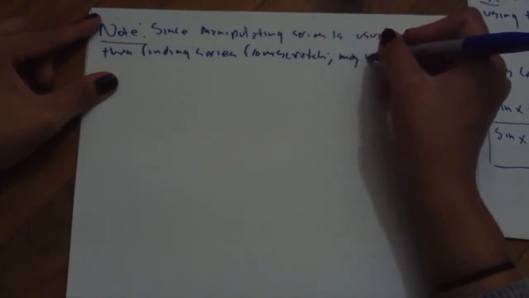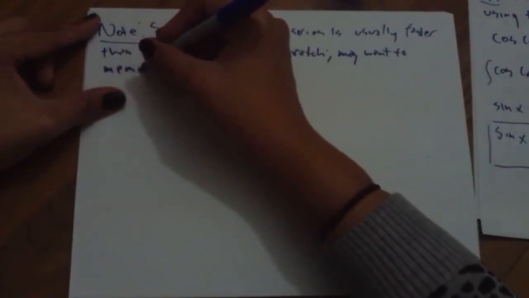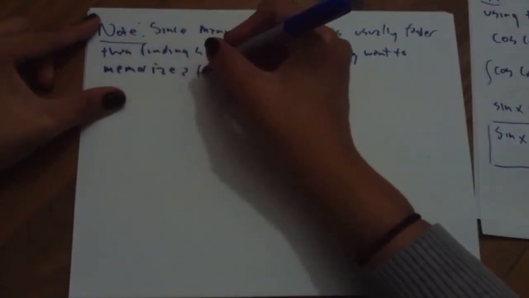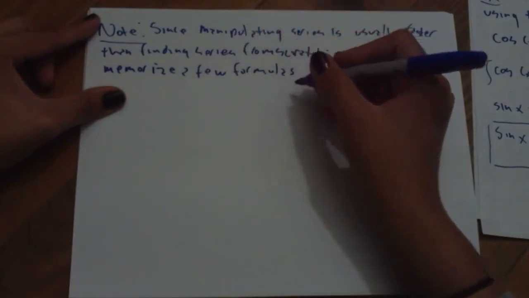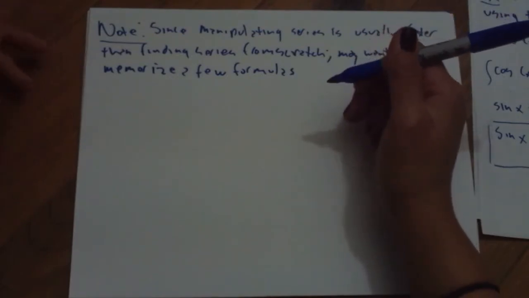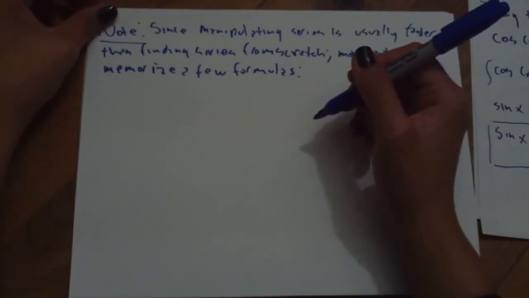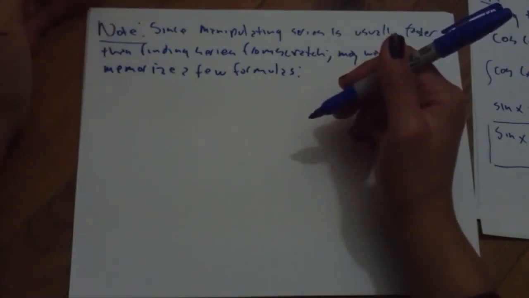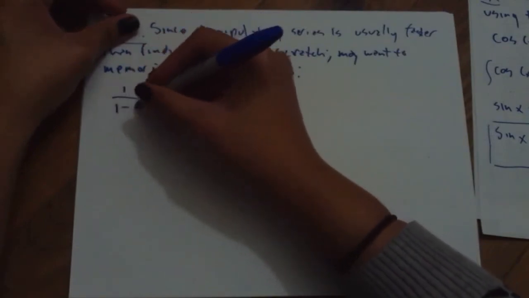You may want to memorize a few formulas here. You won't be given these formulas on a test or anything, but if you keep them in your head, they'll probably help you out a little bit. And these are all ones that you've done either today or in class earlier at some point. We've mentioned the Maclaurin series for this one.